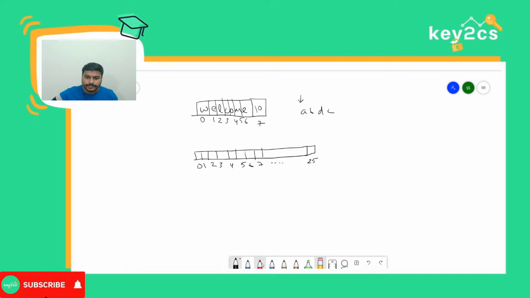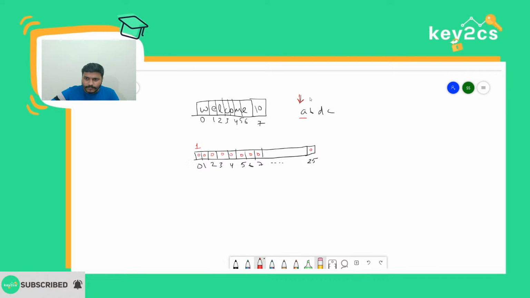Initially, all the values stored in this array would be 0. Whenever I come across a character in the given string, like here we have come across A, we would increment the value at index 0 because A is mapped to index 0.